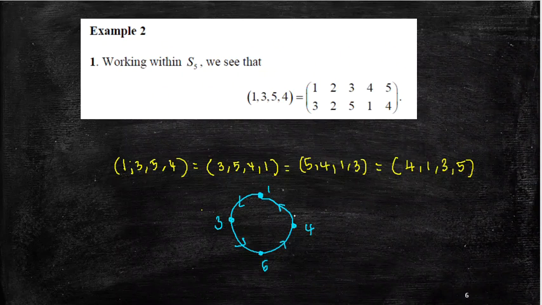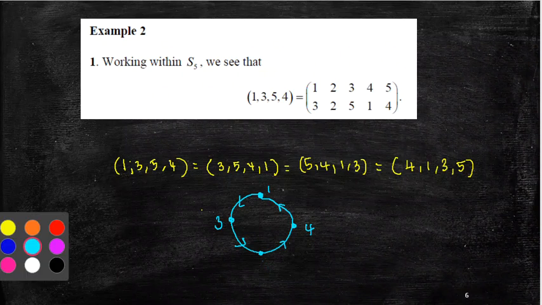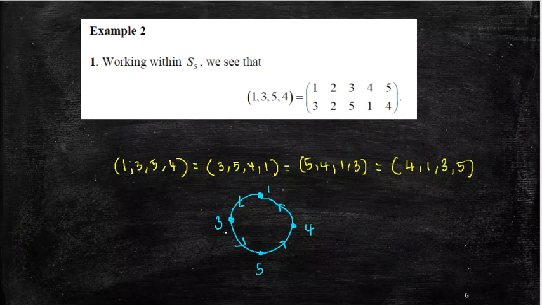Either we want to start at 4: 4 is mapped to 1, 1 to 3, 3 to 6, or sorry, this is not 6, this is 5. 3 maps to 5, and then 5 to 4, 4 to 1.